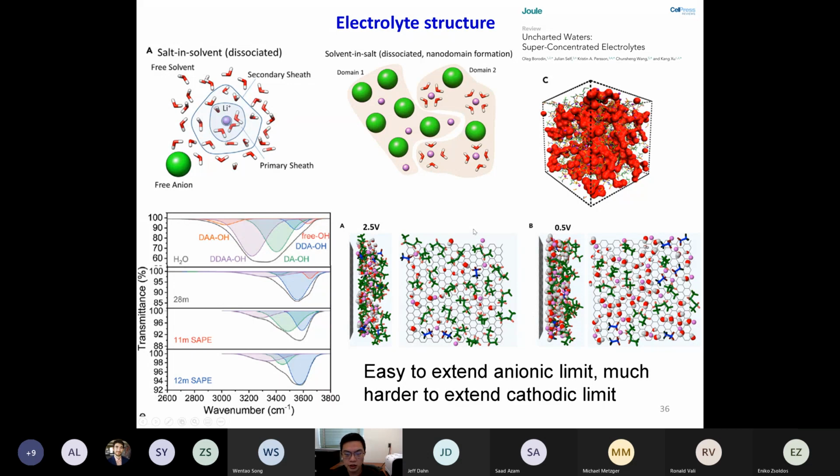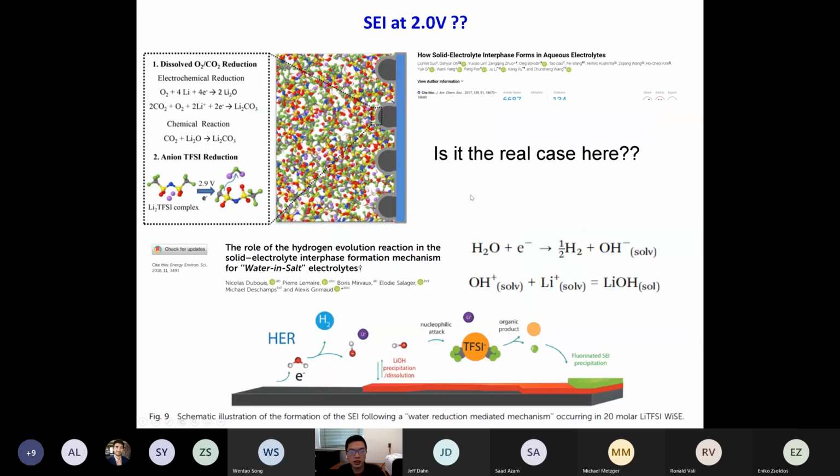Otherwise, even with a highly concentrated lithium triflate, it will act like other salts such as lithium nitrate, getting like 2.2 or 2.5 volt versus lithium as the limit for the anode side, right? So that leads to the next very unique thing here: with the highly concentrated lithium triflate salt, we found it can form a very good passivation.